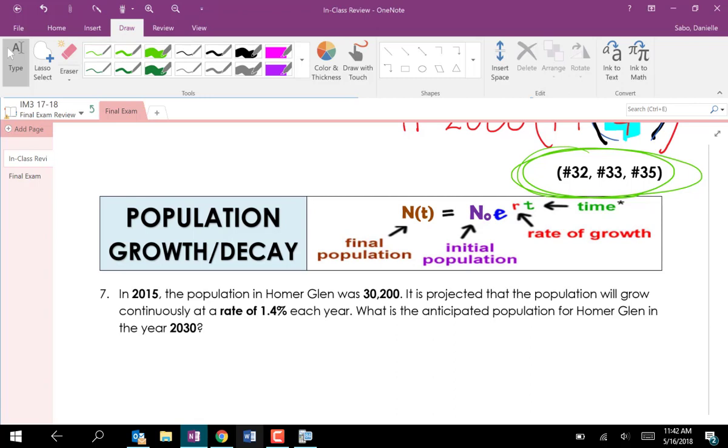I want to see if anyone remembers this, because that would be impressive. Does anyone know what E is, what the constant is? You know how pi is 3.1415926? E is a number too. It just keeps going and going. It's irrational.